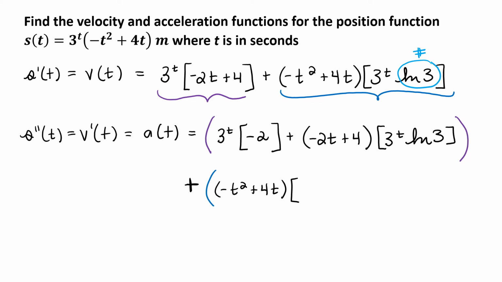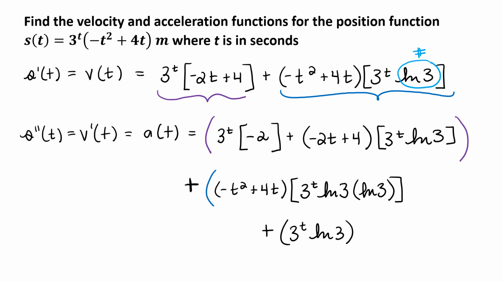So we have our 3 to the t ln of 3 from taking the derivative of 3 to the t, and then we have our original ln of 3, that's a constant following us along. So that's the first function times the derivative of the second, plus the second function, so our 3 to the t ln of 3 times the derivative of the first function, which is negative 2t plus 4.